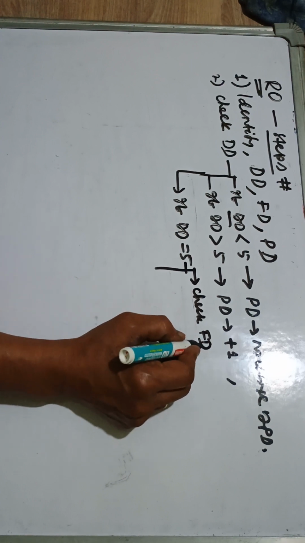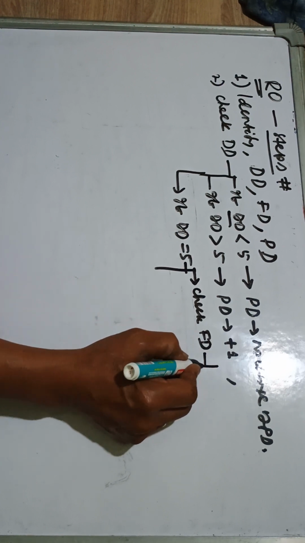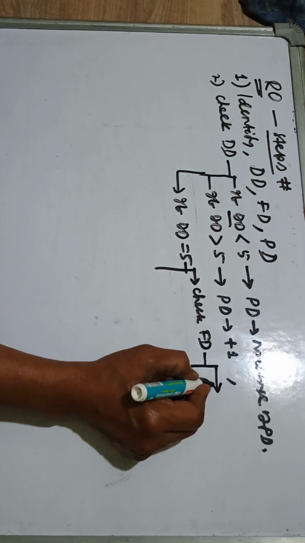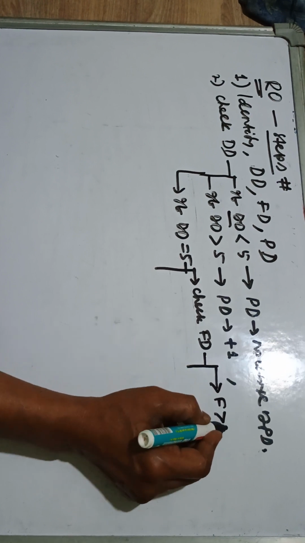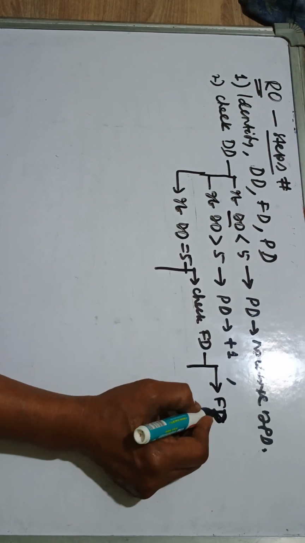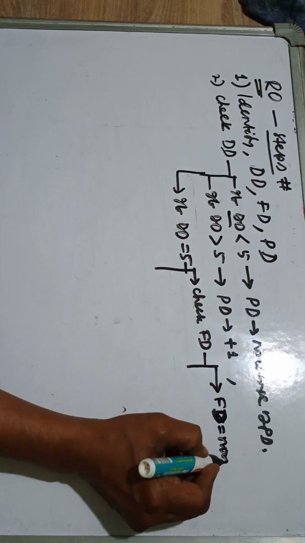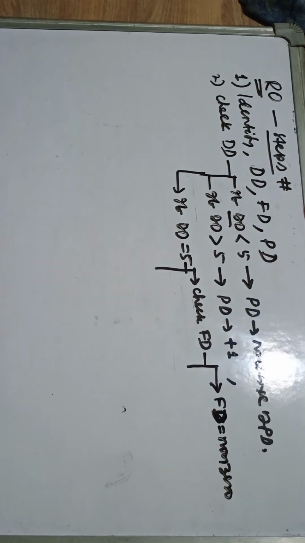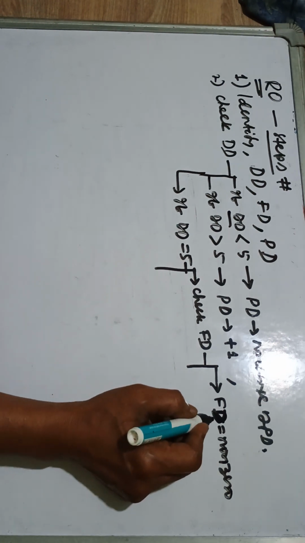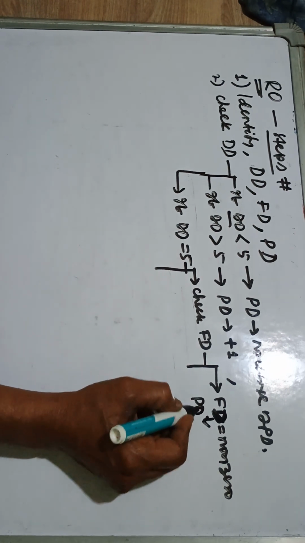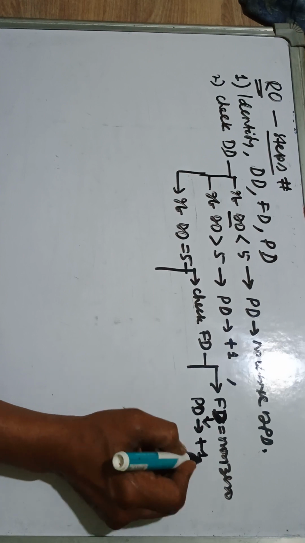If FD is non-zero, that means greater than 0, then PD will be increased by 1.